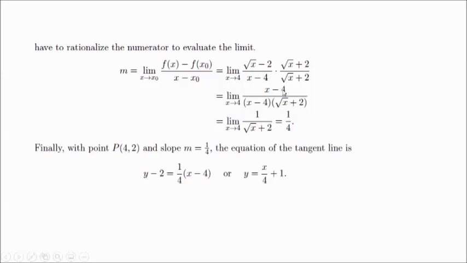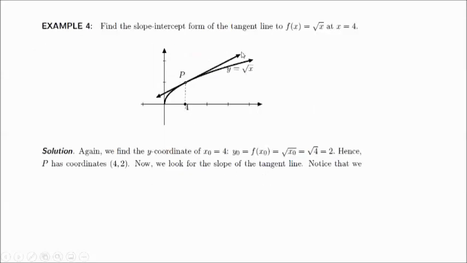And then cancel, magiging 1 over square root of x plus 2. And then pwede mo na siyang isub. Hindi na siya mag-undefined. So yung answer dito is 1 over 4. Yun yung slope. And then isub dun sa point slope form natin. 2, 4, 1 over 4 yung mga given. So you will have this equation. So ibig sabihin, ito na yung equation ng tangent line natin. Okay?